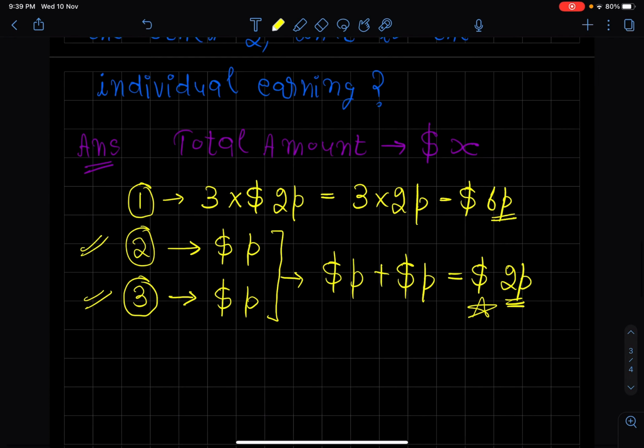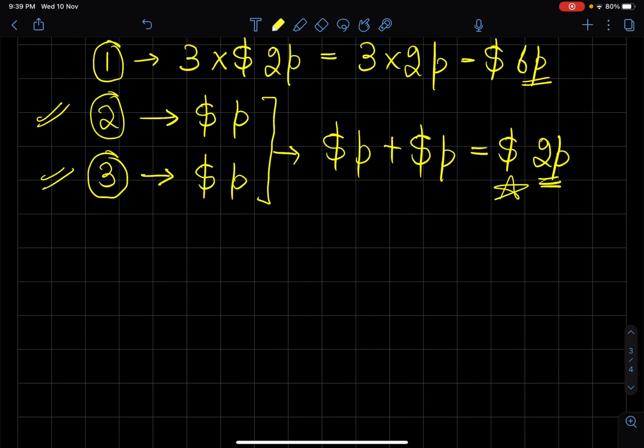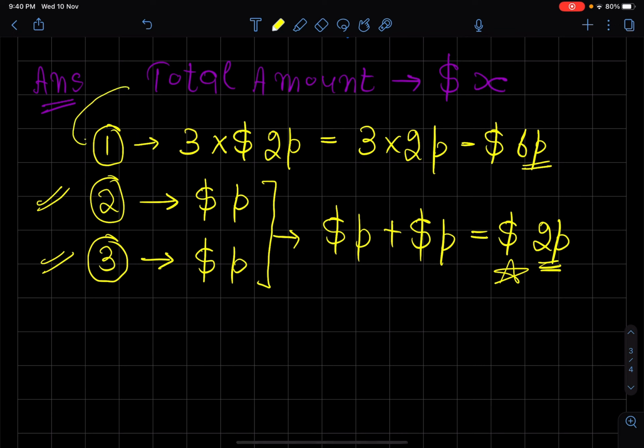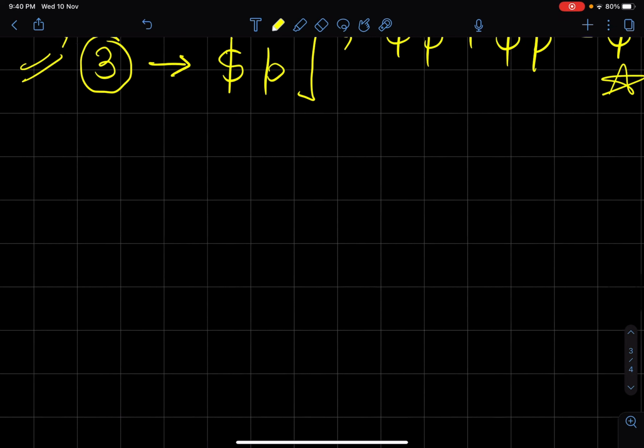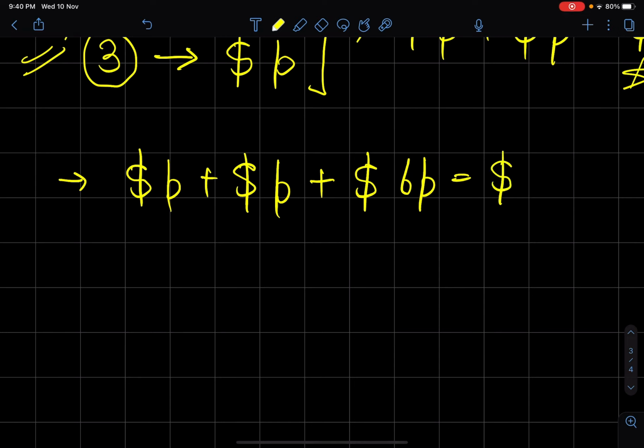Now, if we want to find this won amount in terms of $X, $X is shared not equally but only amongst these 3 people. So the won money must be equal to $X. So $P plus $P plus $6P equals $X.